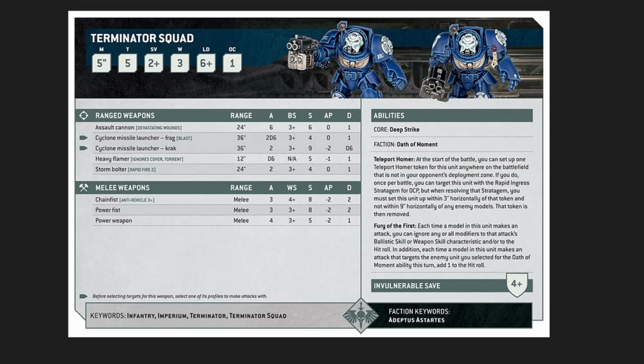So generally, a higher AP stat is favorable. Now the last stat in the line is D, and this will be used for damage. So every unsuccessful dice roll the opponent makes to try and save these attacks will result in 1 damage to their models.